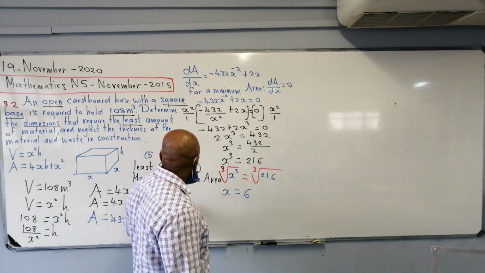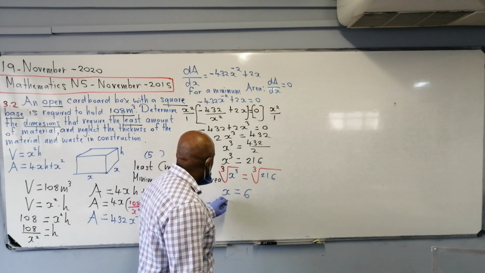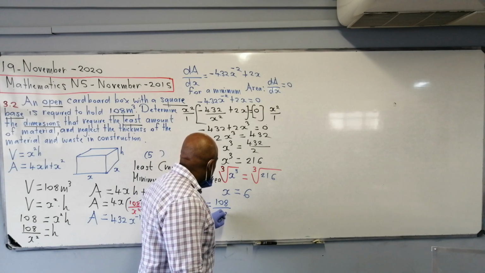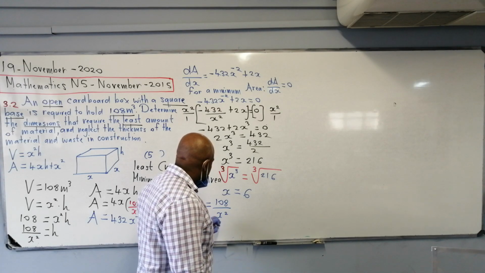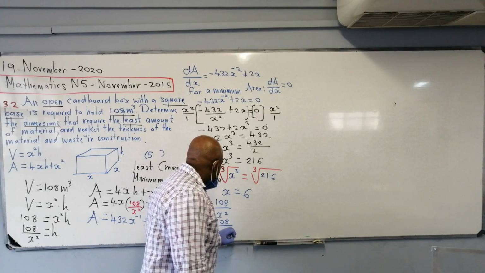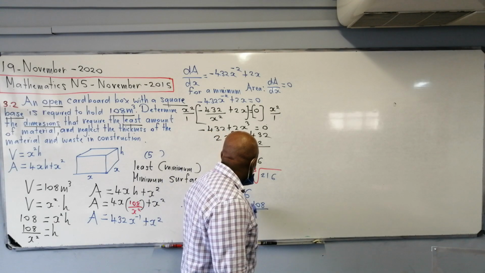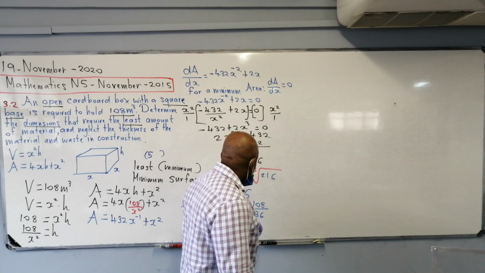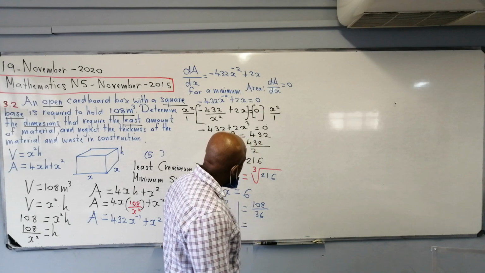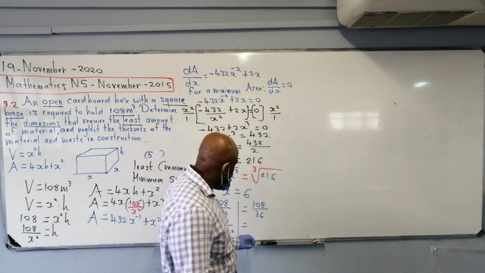So therefore, h is equal, what was h equal to? 108 divided by x squared, which is equal to 108 divided by 6 squared, which is equal to 108 divided by 36, which is equal to 3.